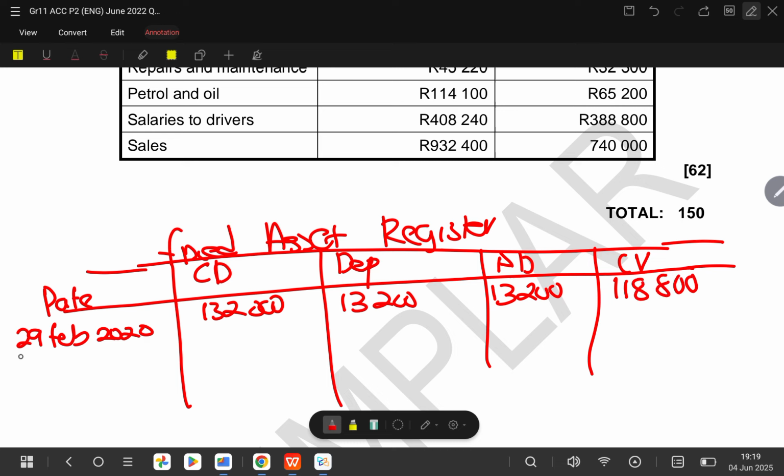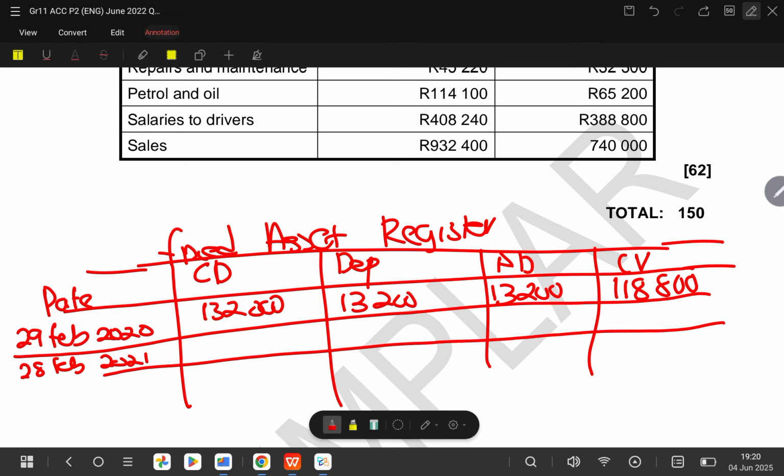Then for the next year that ends 28 February 2021, our depreciation we are going to calculate on the carrying value. So here our carrying value is 118,800. Remember, for the year ended February 2021, it was with us for the entire year.